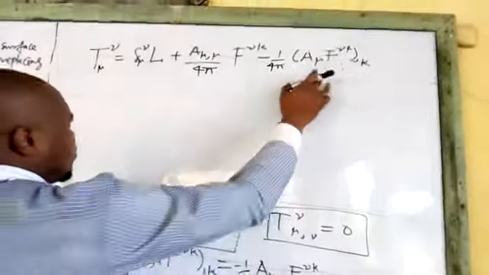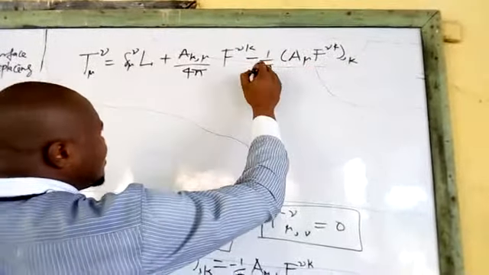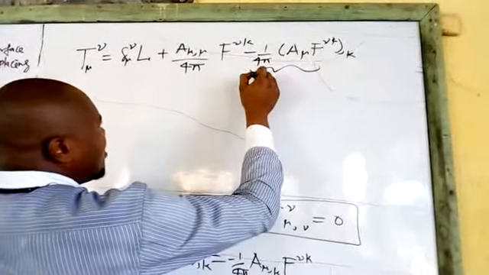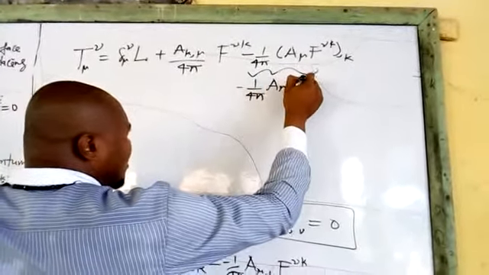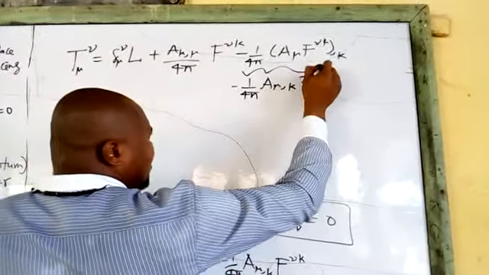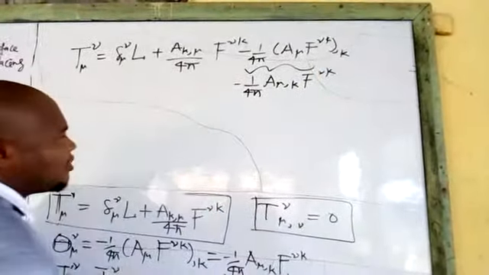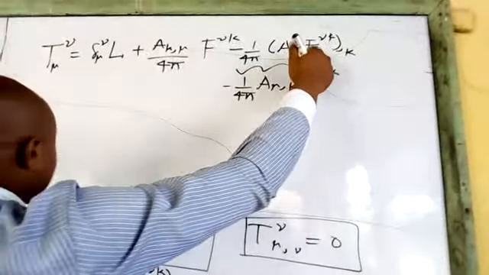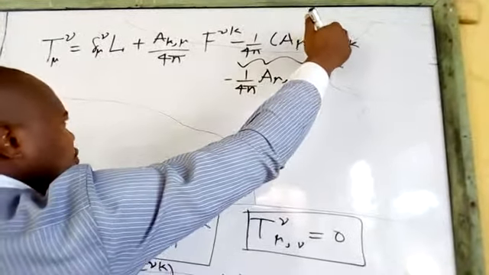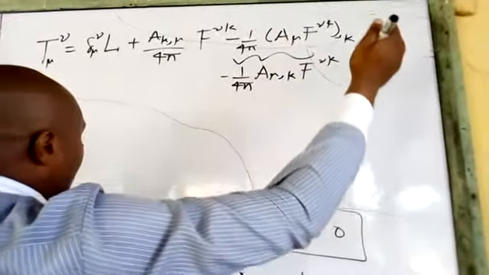Now, if we combine this with this, I can write this term in the next step as simply minus 1 over 4 pi, A^mu comma k or kappa, and this is that. I can do that like we stated already. We said that the charges are absent, so in this case, F^(mu kappa) comma kappa is simply equal to 0.